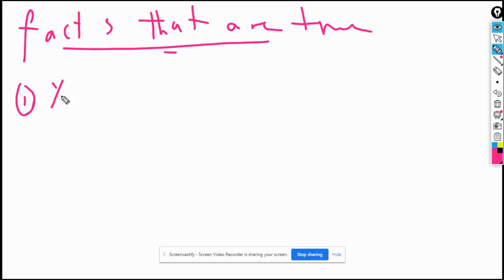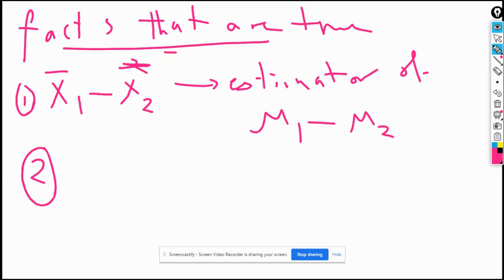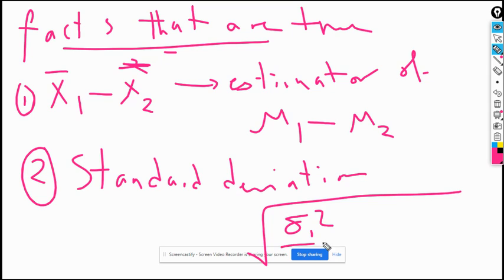First one, the difference between the averages is a good estimator of the expected value. Number two, the standard deviation in that case will come from the formula: square root of variance 1 divided by n1 plus variance 2 divided by n2.